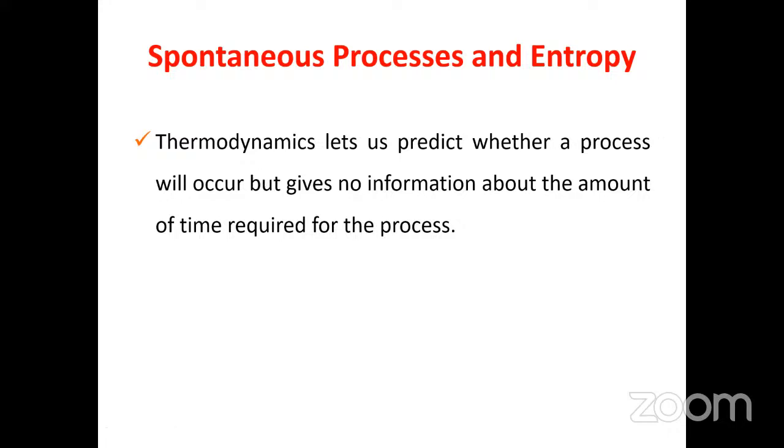Thermodynamics tells us that a process will occur, but it doesn't give us information about how long it will take for that process to occur. The amount of time required for the process to occur, thermodynamics doesn't give us that information. But it tells us whether the process will occur or not.